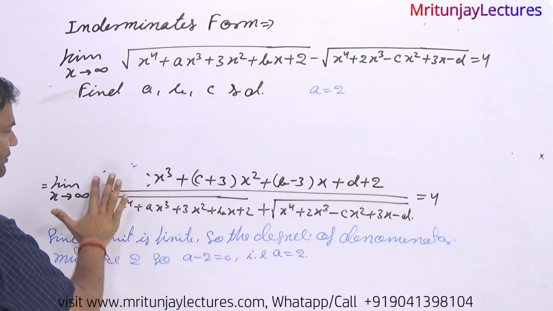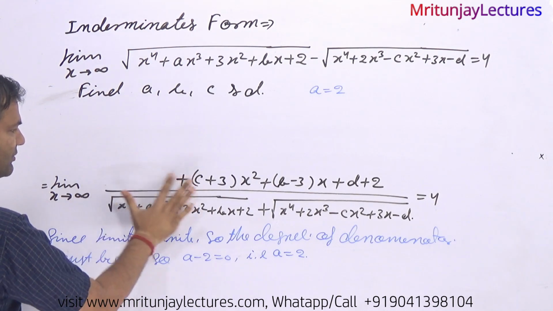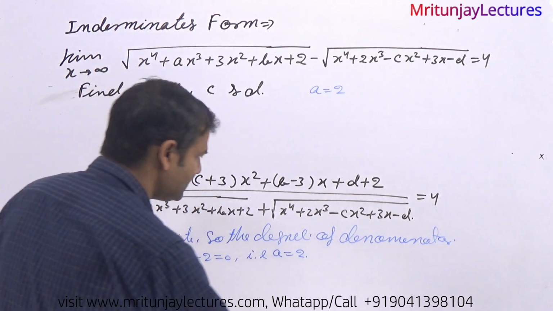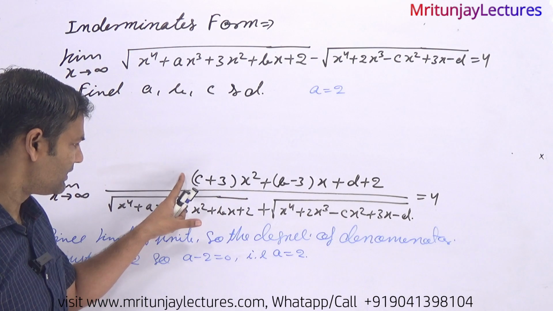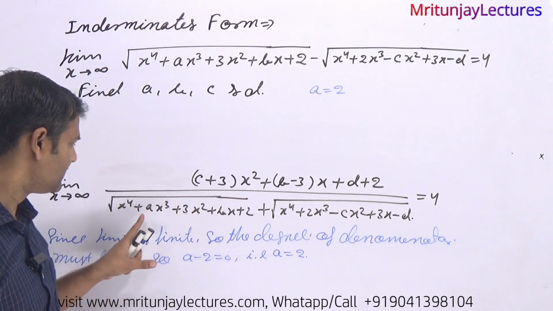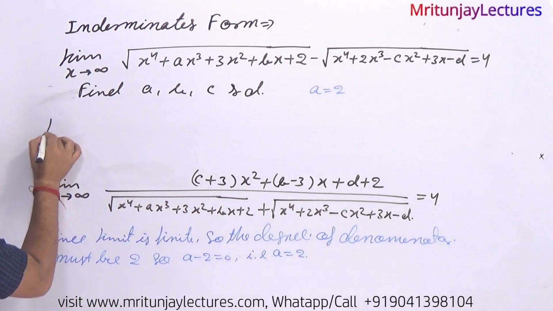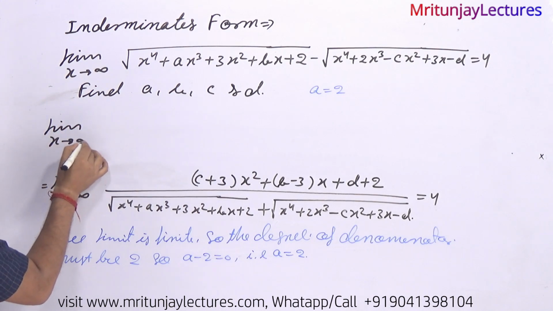If this one is 0, then it is 0. Clear? And after that we can take x common: numerator x square, denominator also x square. First write x tends to infinity.